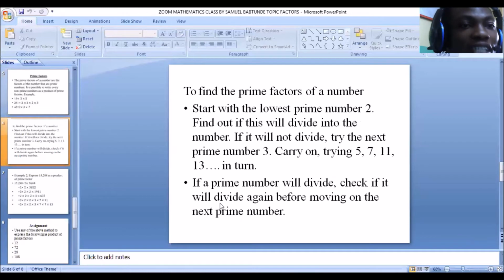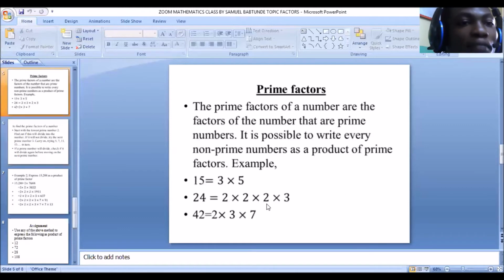The second point says that if a prime number will divide, check if it will divide again before moving on to the next prime number. Meaning, since 2 has gone into 24 already, and I have 12 remaining, because 24 divided by 2 is 12, check again if this 2 can go into the 12. If it can go, then you use the 2 again before moving forward. But if it can't, you now move forward to the next prime number, which is 3.